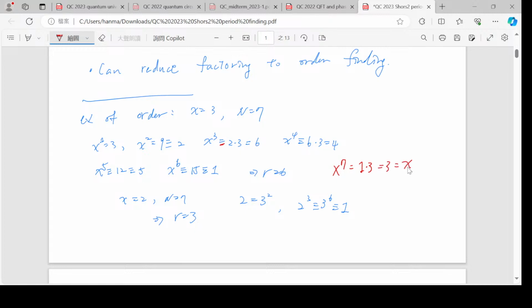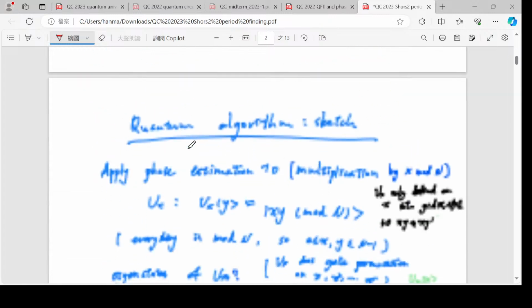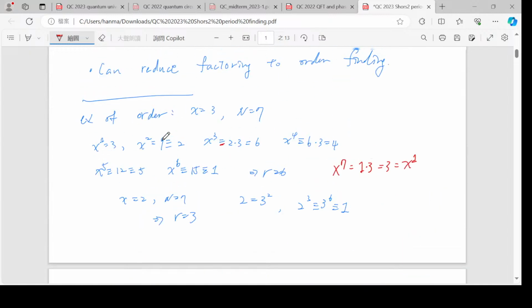And if you just keep multiplying by more x, then you are going to cycle through all those 6 values once again. That's what happens when you keep multiplying x mod 7. You have this kind of cyclic structure. Okay, so now we can go to the quantum algorithm. How do we use the quantum algorithm to help us do order finding?